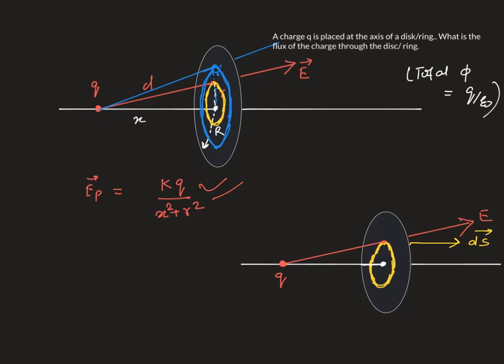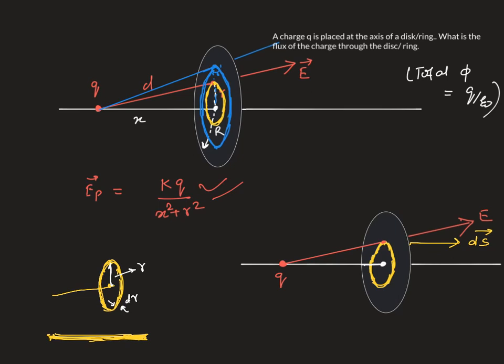Now how do you take areas in thin rings? If you might remember the old things that you have worked upon, in order to take areas in rings, you take a radius, that is r, and you take a width, that is dr, and then you open up the ring to form a very thin rectangle, and then you simply find out the area of the rectangle.